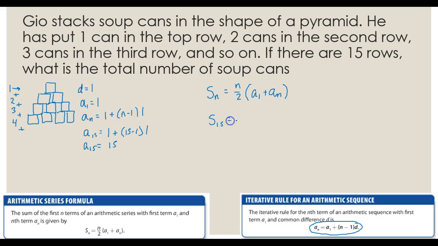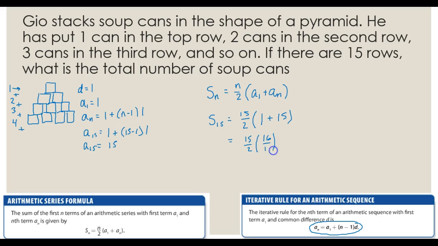That just means the first 15 terms added together, and that's going to be n, which is 15, divided by 2, times A1, which is 1, plus an, or A15, which is 15. So filling everything in the formula, we've got 15 over 2 times 1 plus 15 is 16, so we'll say 16.